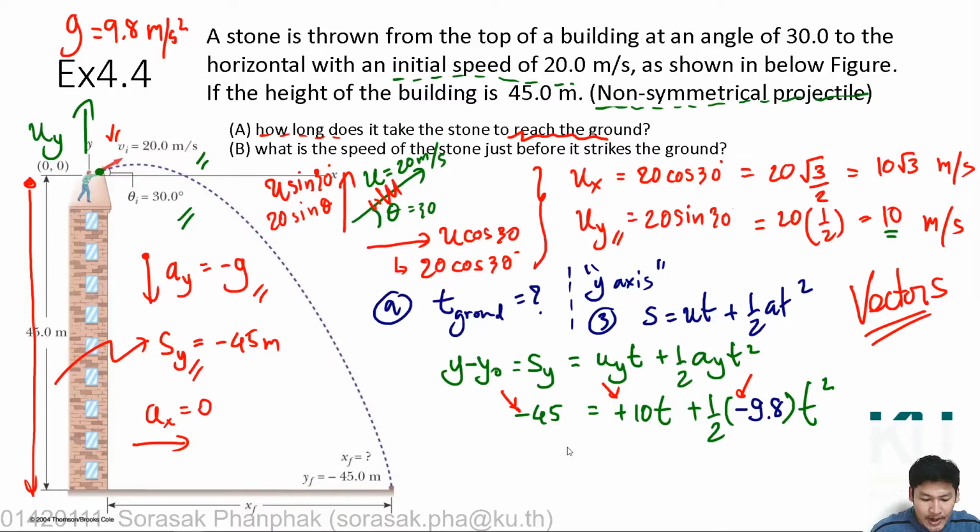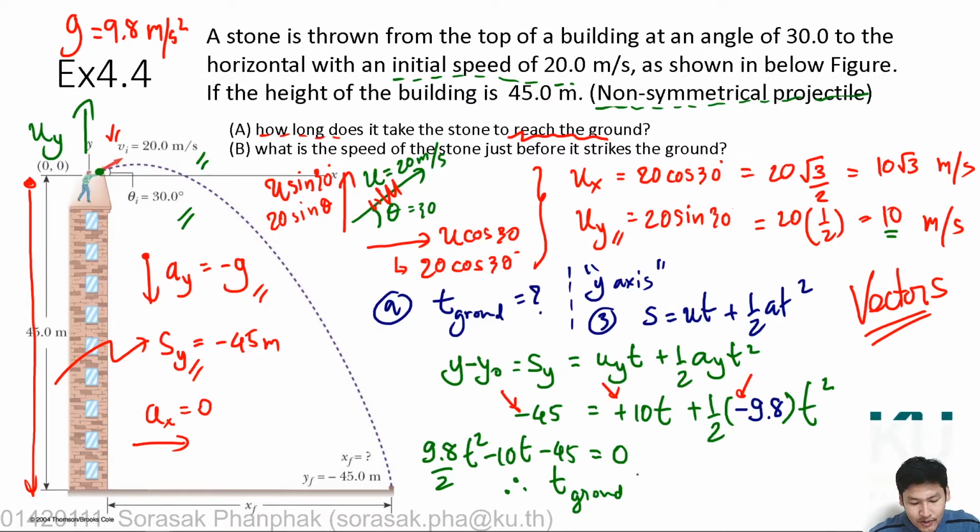I will rearrange this term, and when you rearrange it, you will find the final term is 9.8 over 2 t square minus 10t minus 45 equal to zero. So finally, you get t, the time the stone reaches the ground, equal to 4.2 seconds.